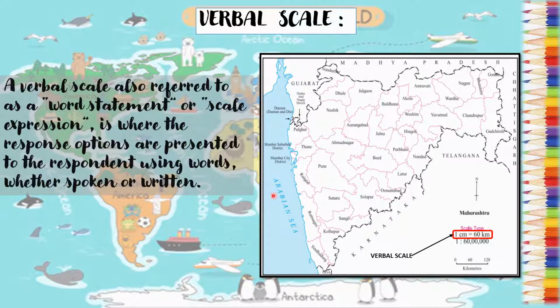As you can see here, students, verbal scale example, that is 1 centimeter is equal to 60 kilometer. A verbal scale is one in which distances are expressed with the use of words indicating measurement. For example, 1 centimeter is equal to 60 kilometer. Centimeter is the unit of distance on the map and kilometer is the unit of distance on the ground.